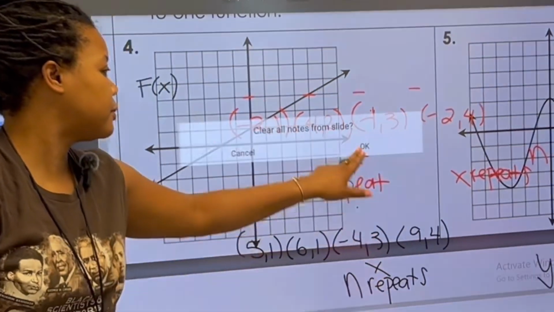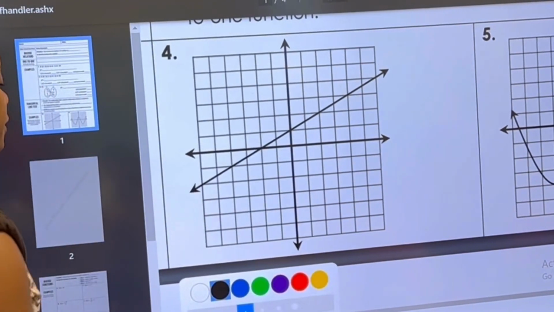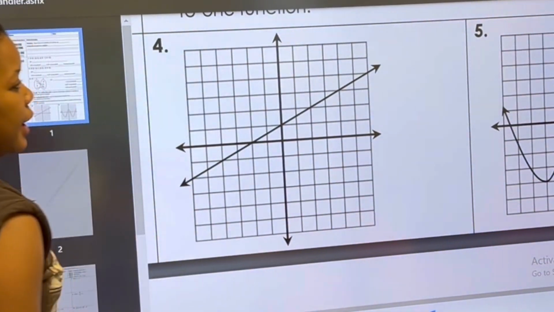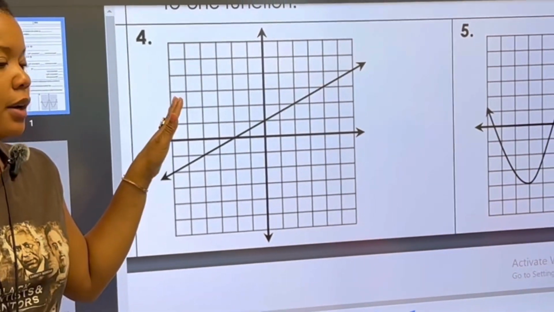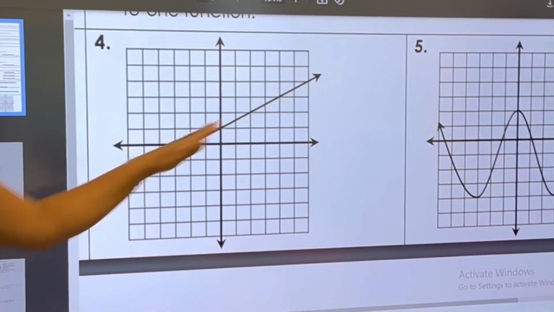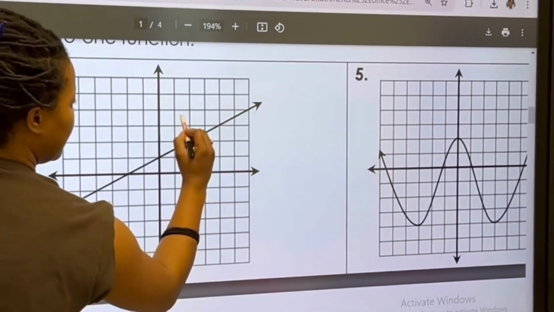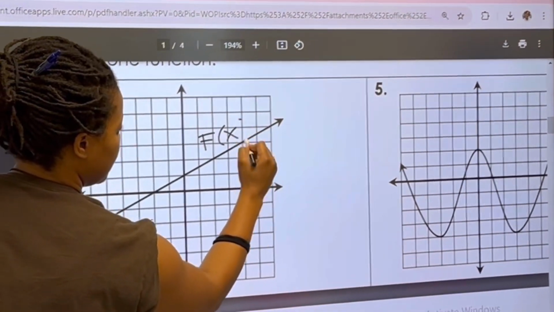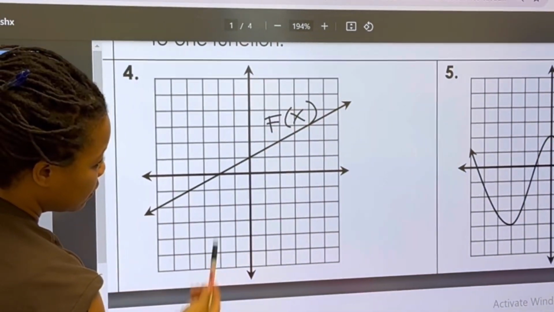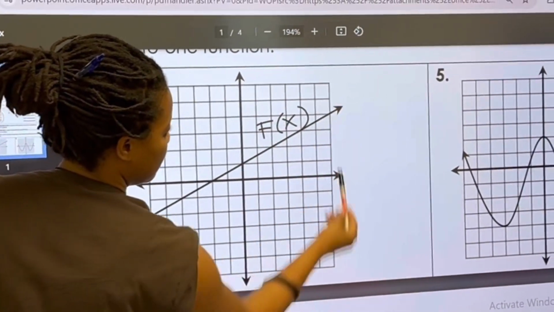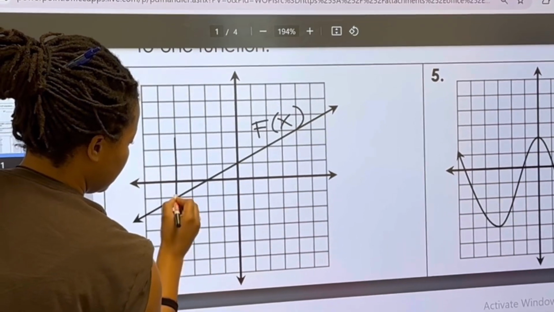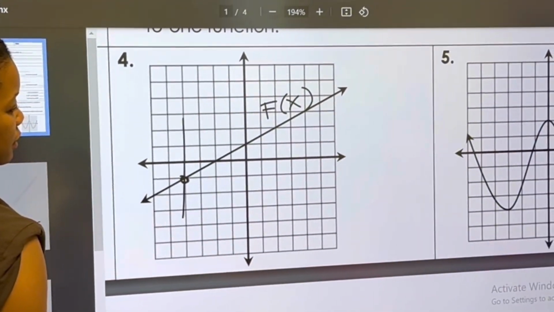Vertical line test. We're almost done here, you guys. Okay, number 4. This original line, we'll call this f of x, so go ahead and put f of x. If you draw a vertical line through this black line, it touches it how many times?